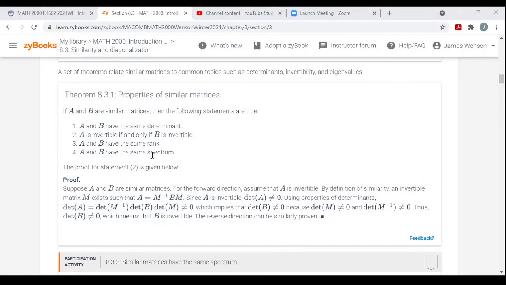And then the final one here, which maybe isn't as obvious: two similar matrices will have the same spectrum. Now remember, the spectrum of a matrix was the set of eigenvalues.